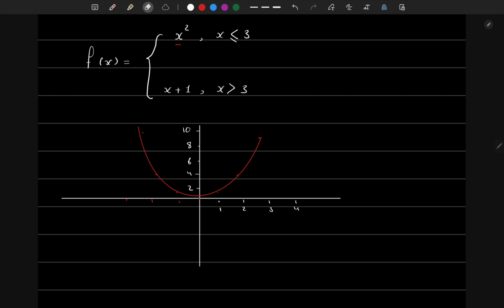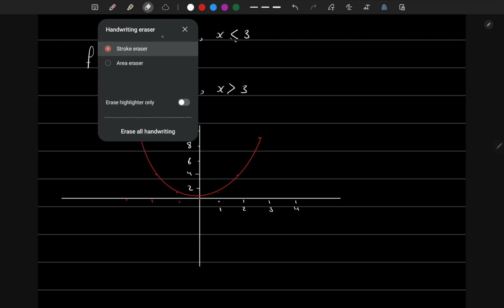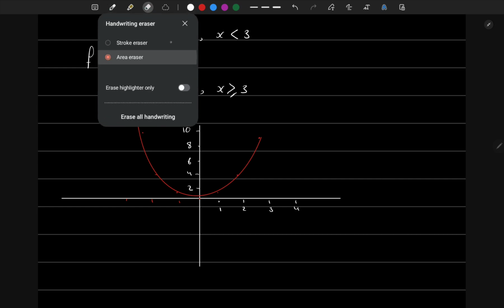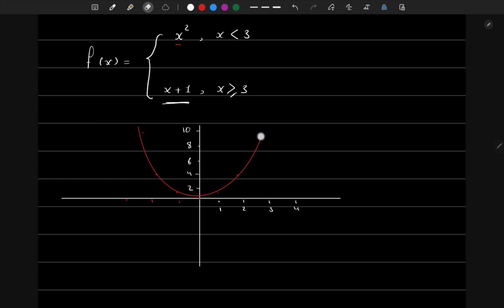Now, when x is greater than 3, I have to use a different method now. Let us change it a bit and say that when x is smaller than 3 we use x squared, and when x is greater than or equals 3, so starting from 3, I have to use this now. So I cannot use 3 with x squared, so I just have to erase it a bit.